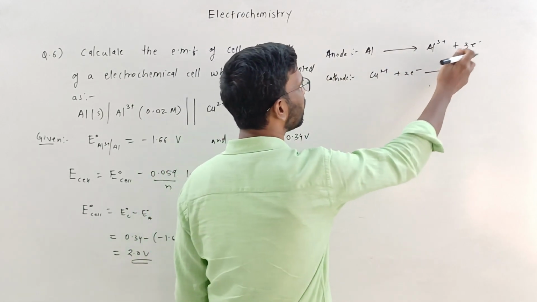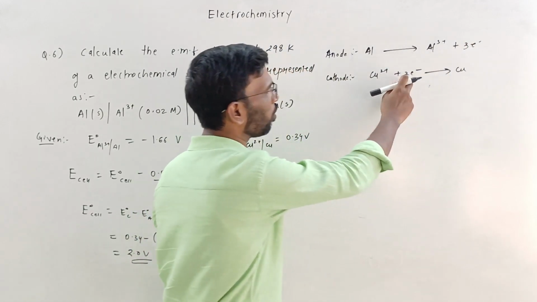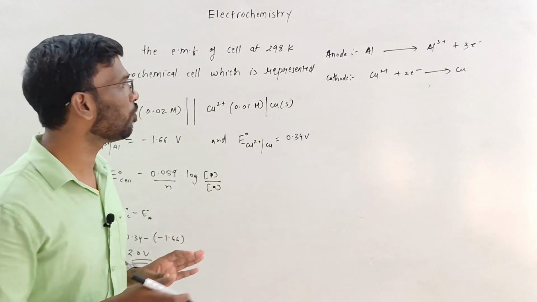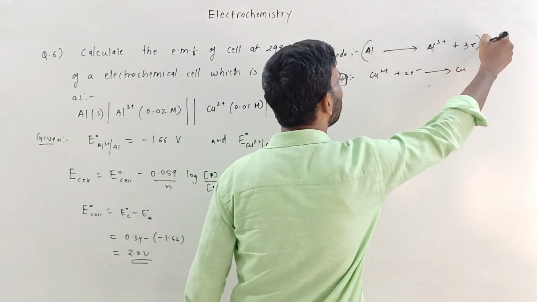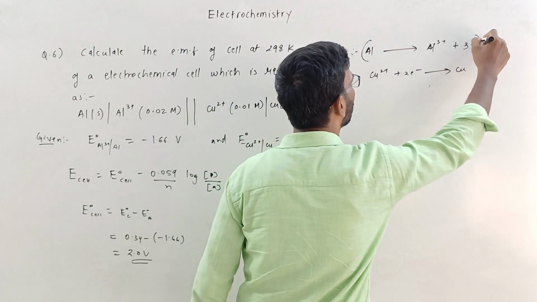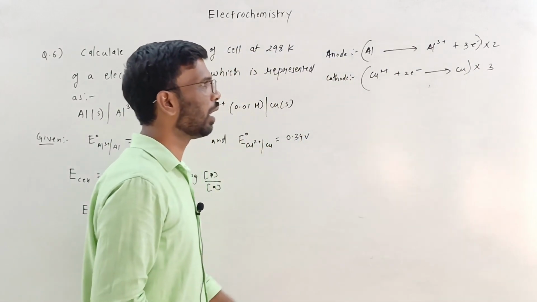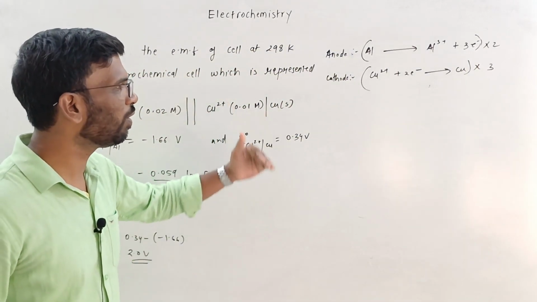Now if you see, this is not balanced, like this is 3 electrons and this is 2 electrons. We need to make those electrons equal, and that value will be the N value. So I'll multiply this equation throughout by 2, and I'll multiply this equation by 3. Now the number of electrons will be equal, and then we will get the overall reaction.